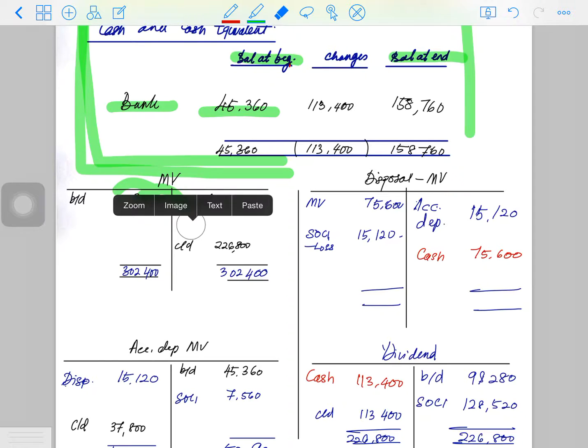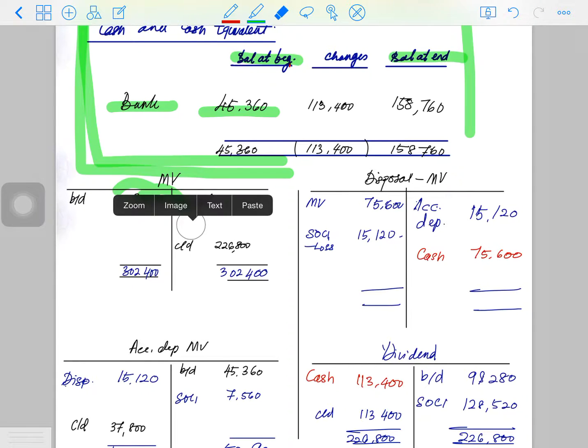And then you have this disposal, right? You mentioned that you have a disposal, a sale, and then a depreciation charge. No purchase, no purchase.